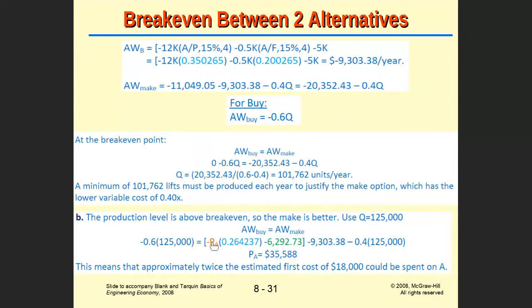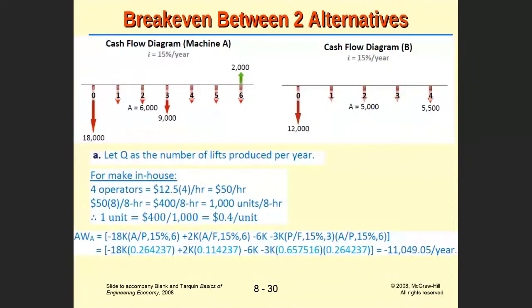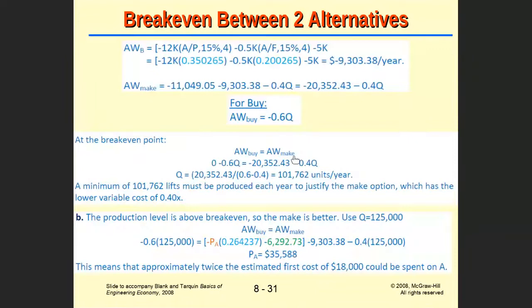So basically, this is the initial cost for machine A, and everything else remains the same. You solve this problem for the unknown PA, and that will be the maximum cost, meaning that instead of the 18,000, the maximum we can put here is 38,000. If we exceed 38,000, then we cannot go with the making option anymore, and the buying option will be better.